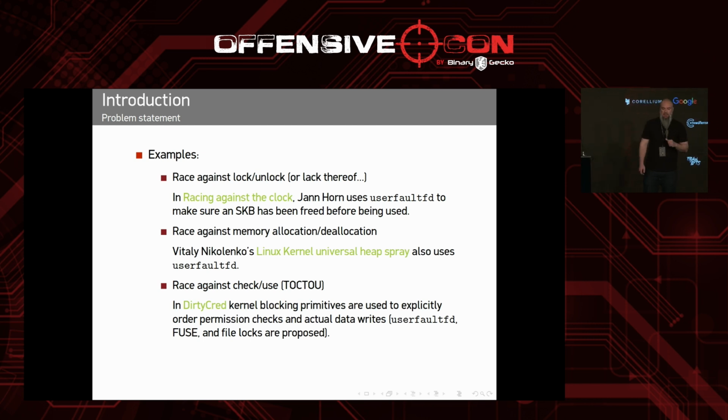And last but not least, a technique actually that I really like is Dirty Cred, which is about a check performed on the cred structures in the kernel corresponding to certain sensitive objects like file objects and so on.